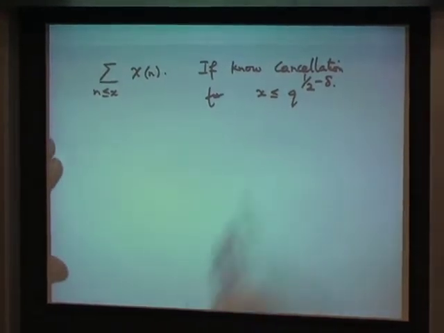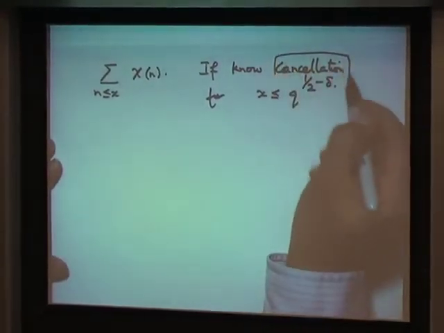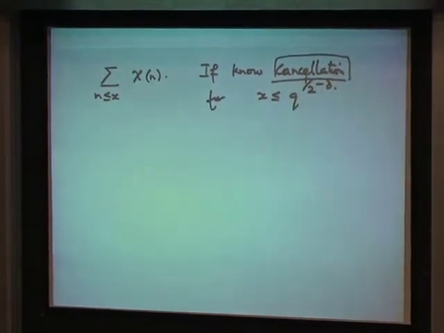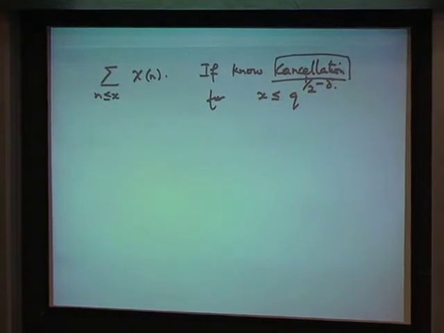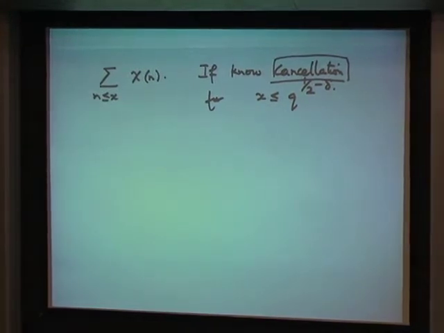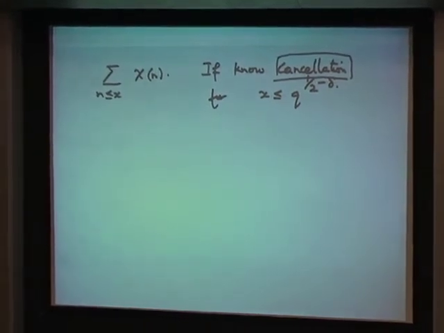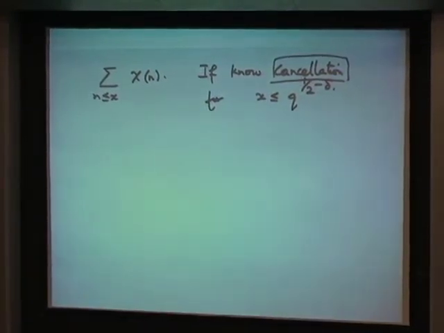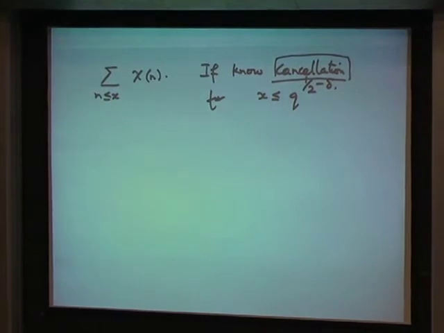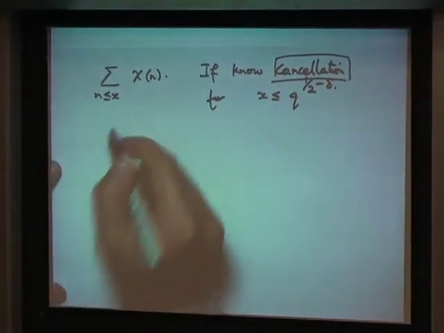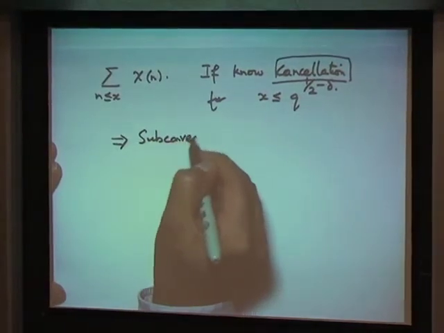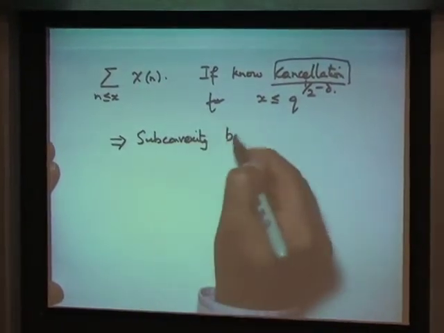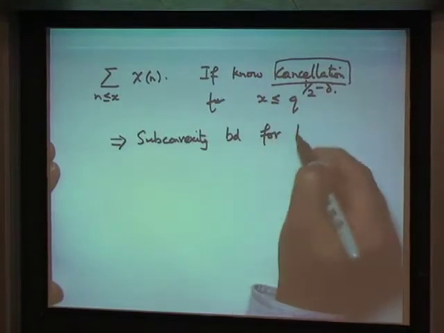Here, cancellation means a robust kind of cancellation, not just that it's little o of x, but maybe that it grows like x to the 1 minus delta for some delta that's positive. If you know that, then I can plug in bounds like that here, and then I would get a subconvexity bound for L half chi.